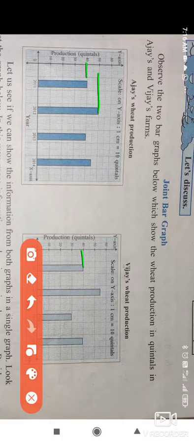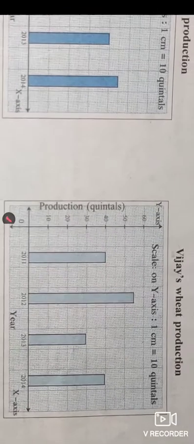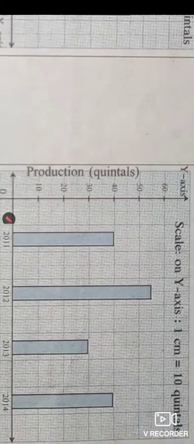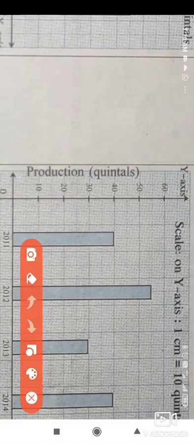Vijay produced 50 quintals, and Ajay produced 50 quintals in 2012, and Vijay produced how much? See here, 55 quintals. If you draw the line here, this is the imaginary line we have to draw. In this way we have to understand the production of 2012.